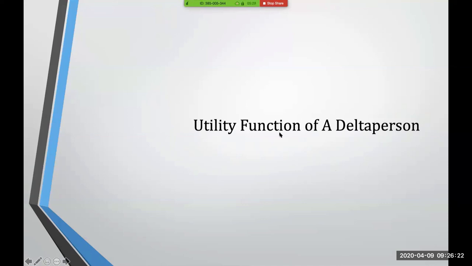We're particularly interested in whether all the delta persons in the world share some similarities in their utility functions. The answer is yes, as we will reveal very soon.